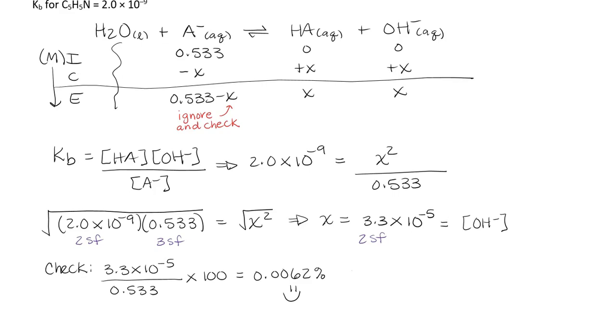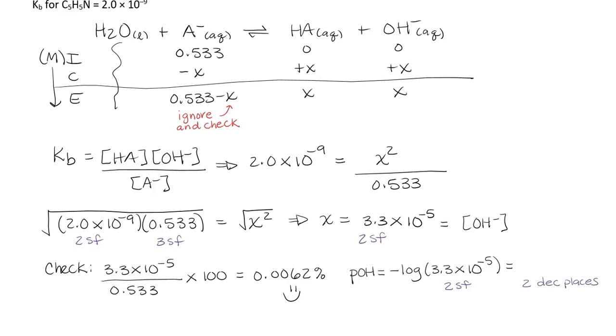The first is to calculate pOH, which is negative log of the OH minus. So negative log of 3.3 times 10 to the negative 5. We have 2 sig figs, which will end up as 2 decimal places in our final result.